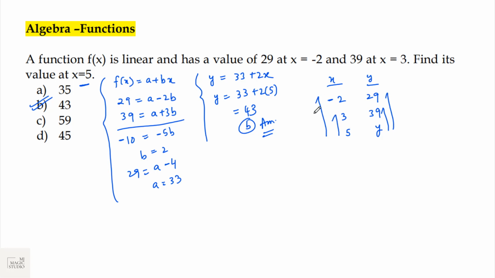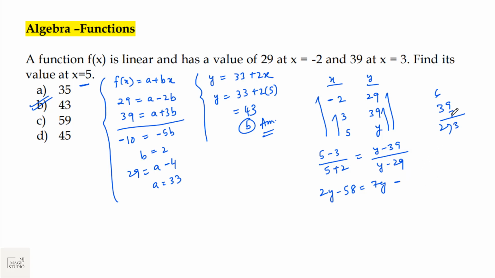We just need to follow the arrows. Small arrow divided by big arrow. (5 - 3)/(5 - (-2)) = (y - 39)/(y - 29)... so 2y - 58 equals 7y - 39 into 7, that is 273.